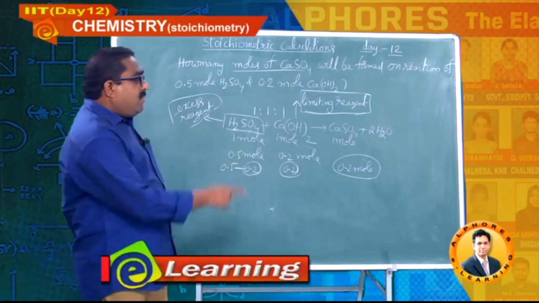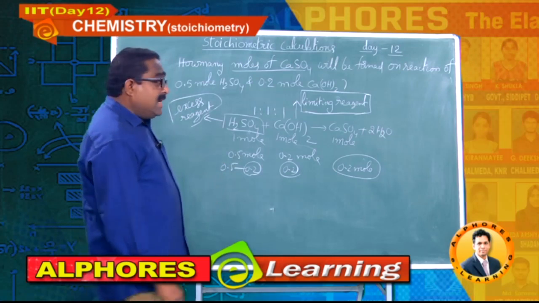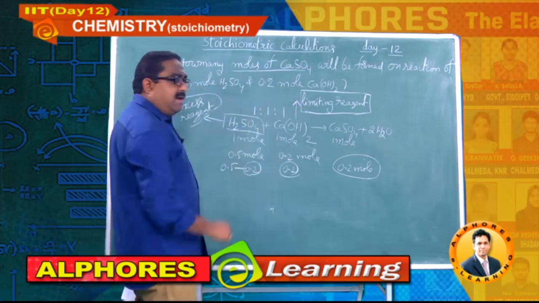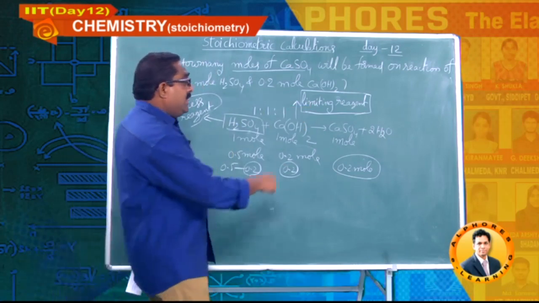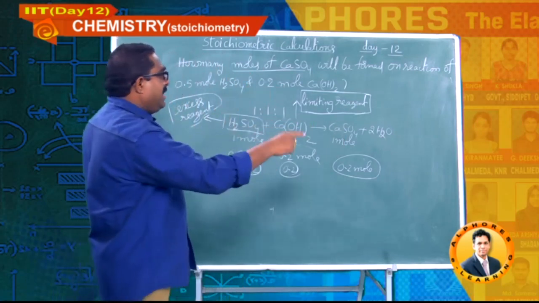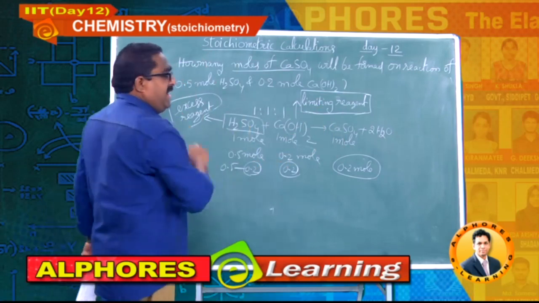The amount of product depends only on the amount of limiting reagent. I am repeating, students, note it down, very important. The amount of product always depends on the amount of limiting reagent, but not the excess reagent.